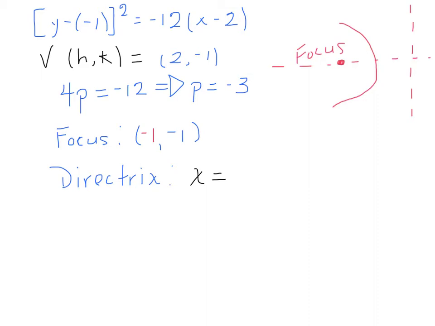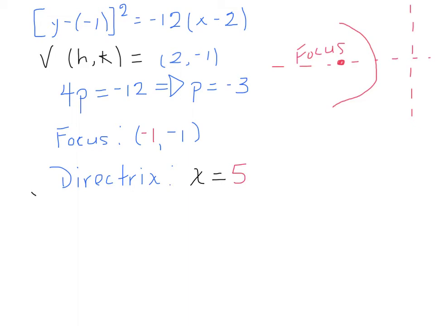And so it's going to have, again, the same y-coordinate on the axis of symmetry, but we're concerned about what that x value might be. So if I'm at (2, -1) for my vertex and I go 3 units to the right, then that leaves me at x equals 5. And so my directrix is the line that is formed by the equation x equals 5.